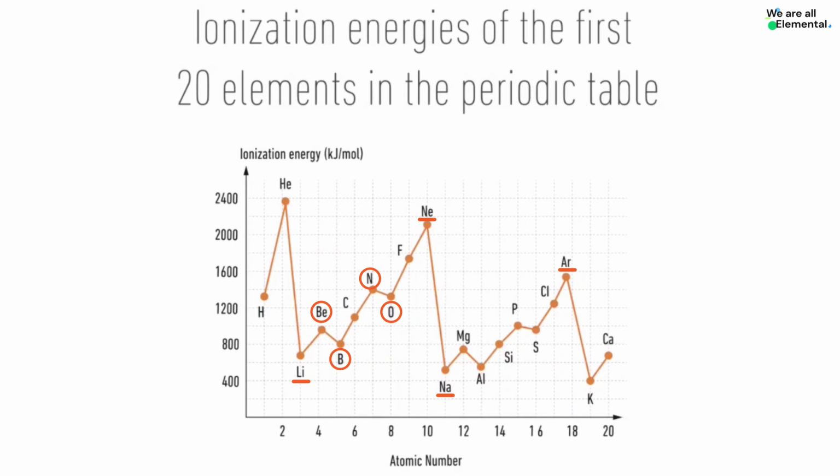These are more stable, fully filled and half-filled orbitals, and therefore their electron configuration is more stable and more energy is required to remove them. Similarly, magnesium has higher ionization energy than aluminum, and phosphorus has higher ionization energy than sulfur. And this is also because they have a more stable electron configuration than aluminum and sulfur.